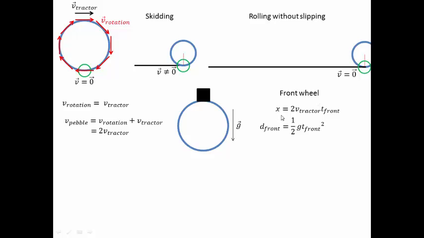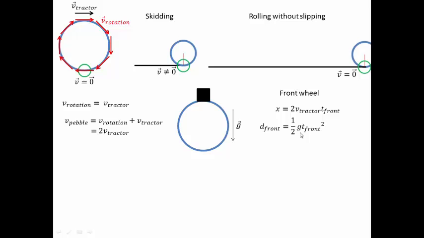The distance which the pebble flies is equal to the velocity of the pebble, which is 2 times the velocity of the tractor, multiplied by the time spent in the air. As for the y component, the pebble travels a height equivalent to the diameter of the wheel. And since there is no initial velocity in the y direction, the distance traveled is all contributed by the acceleration term.